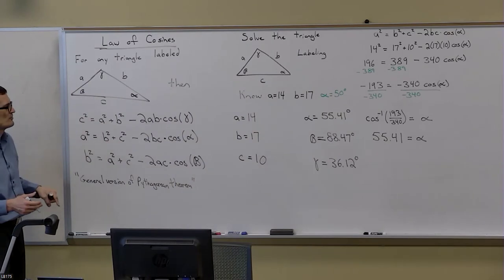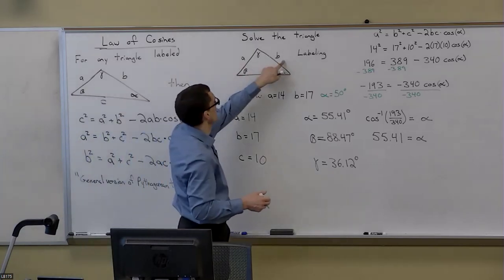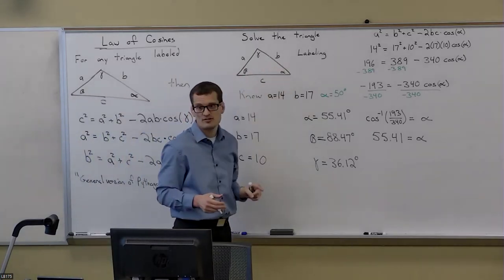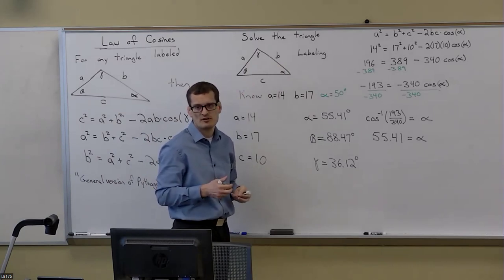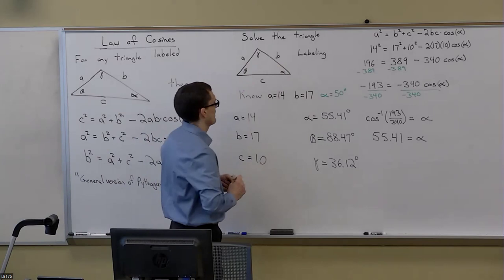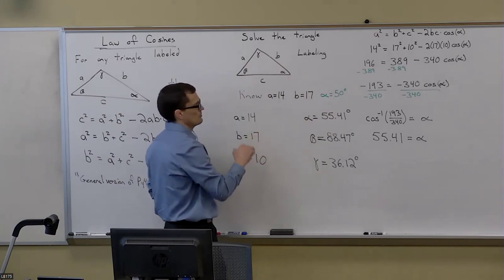So technically you could use law of cosines when I have side angle as well, but it's much more difficult, much more cumbersome to solve those. So usually if you have side angle, you want to use law of sines.